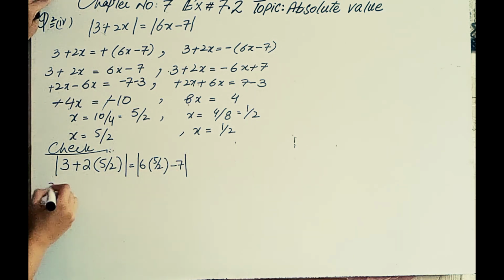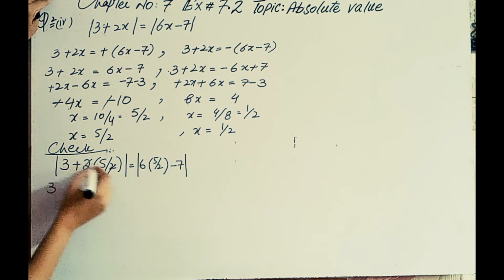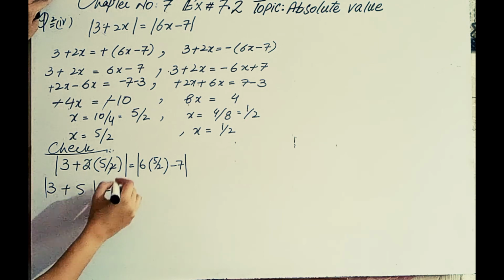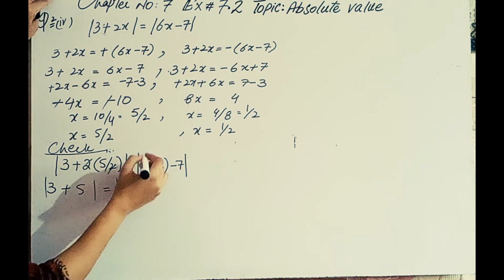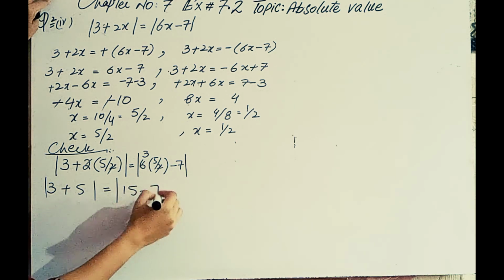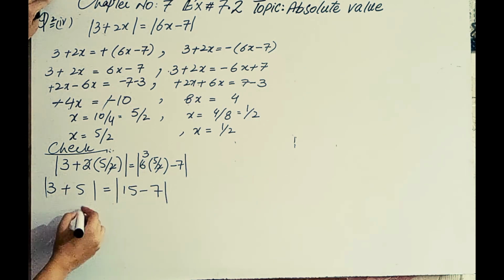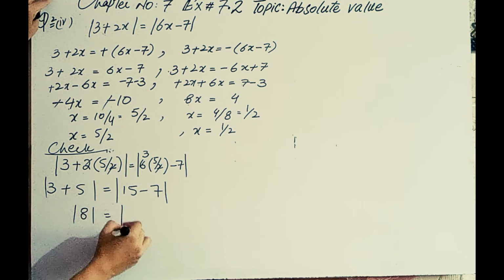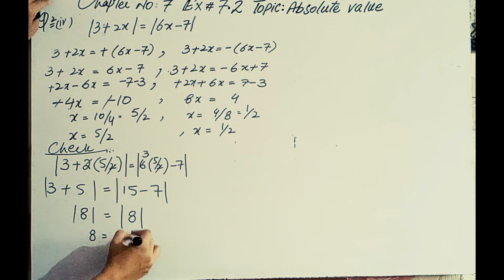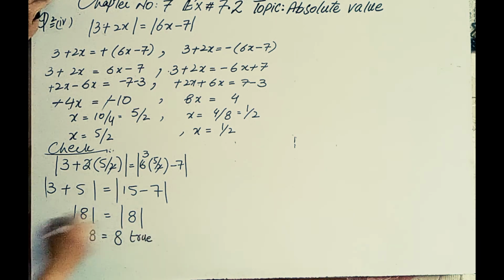Okay, this is now 3. This 2 is cancelled by 2. 3 plus 5 equals, this 2 is cancelled by 6, 2 times 3 is 6. 3 times 5 is 15 minus 7. 3 plus 5, that is absolute 8, equals absolute 15 minus 7, which is absolute 8. Absolute of positive 8 is 8. Here is also 8. So this is true.